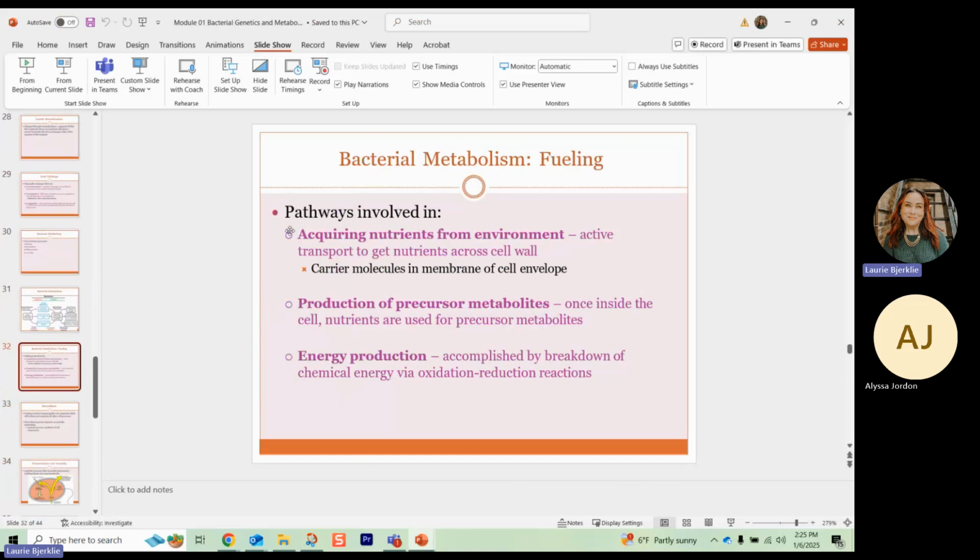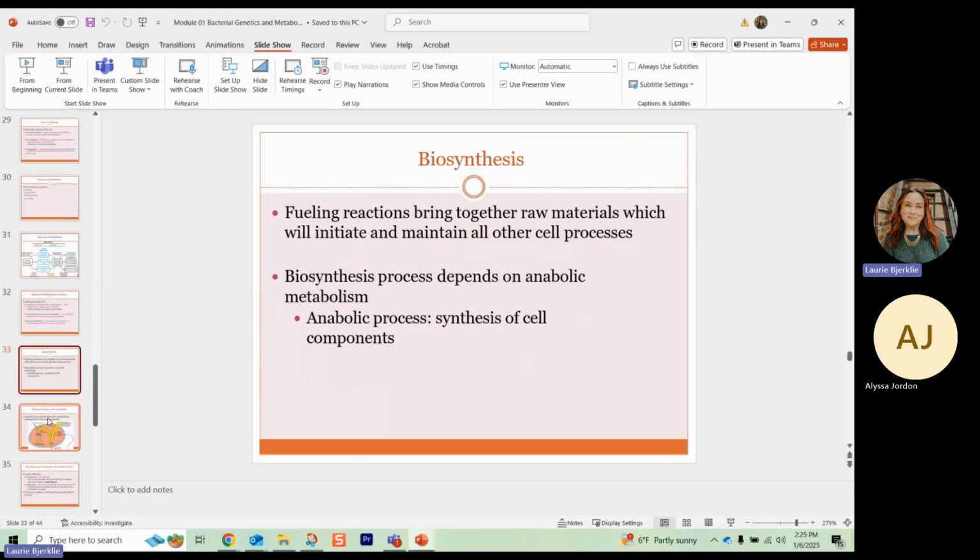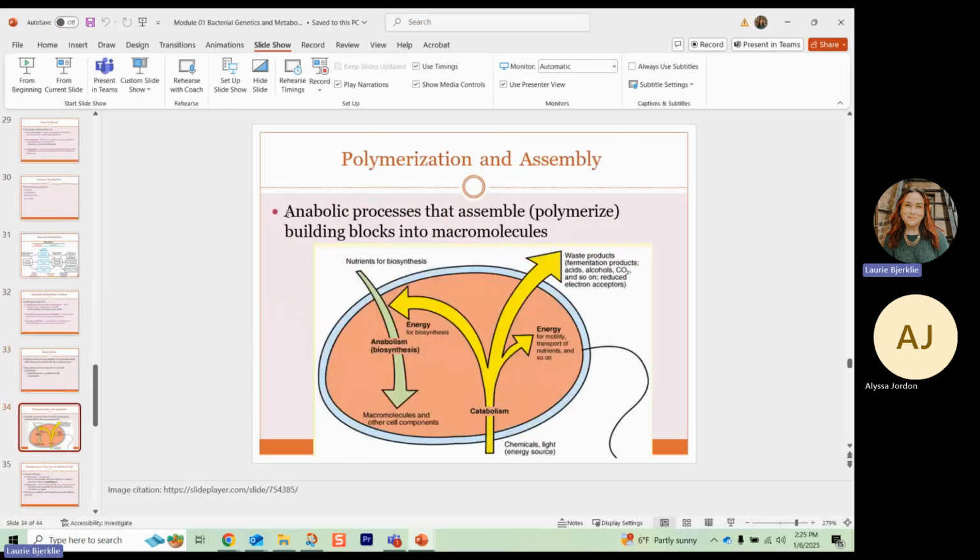These get into it more. Again, these are all background information. So I'm just going to skip through, it's basically what I discussed. If you hear the word anabolic processes, that means they're assembling, they're making things. Catabolism is breaking down something. So like they might take in light and chemicals and then break down that chemical into substances they can use.